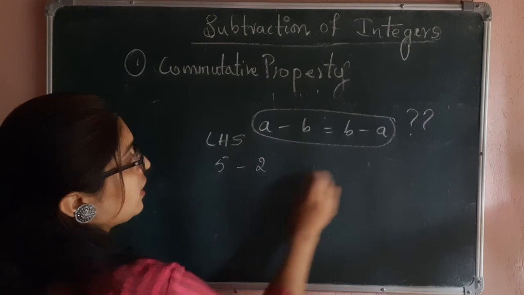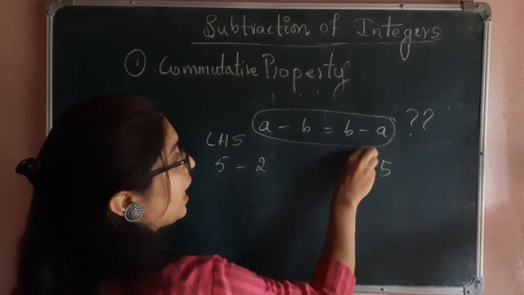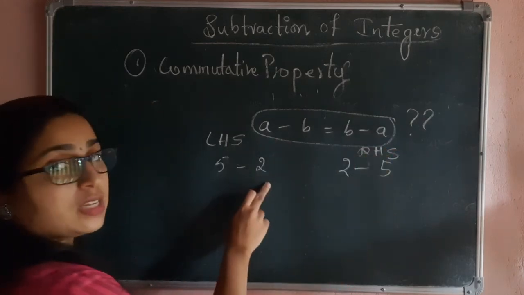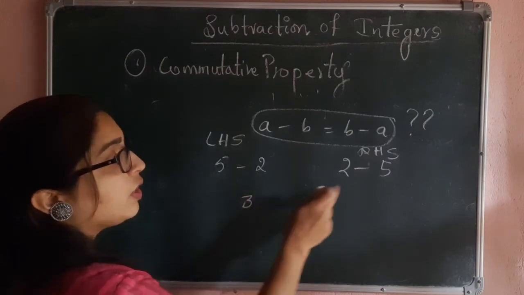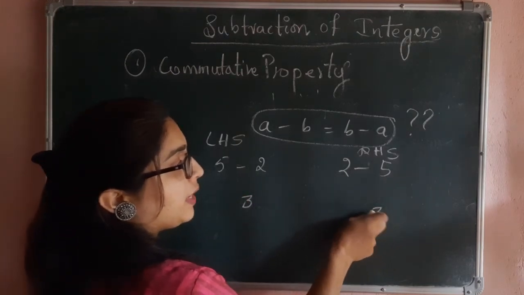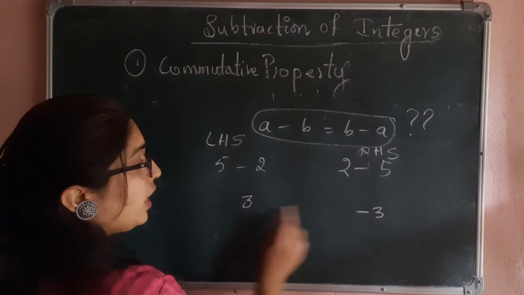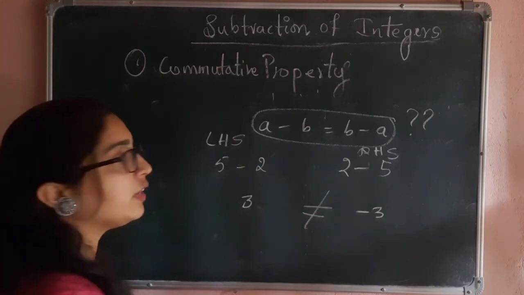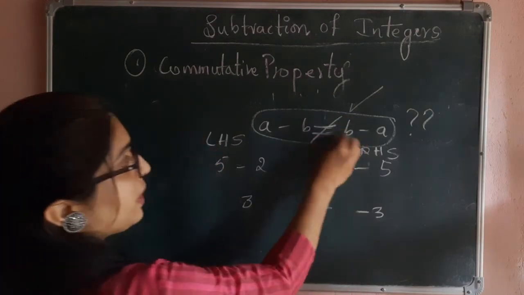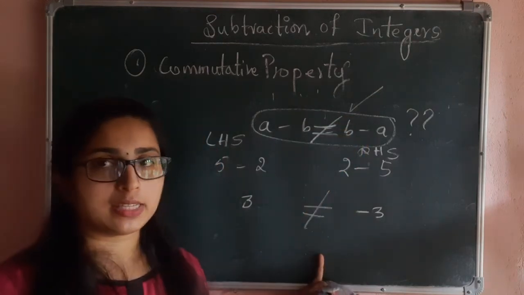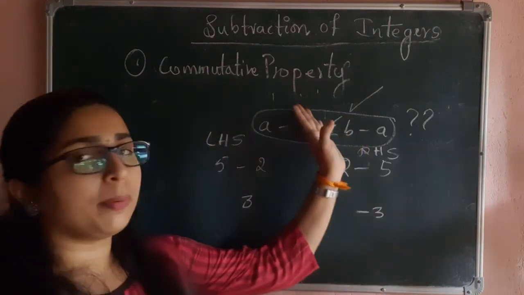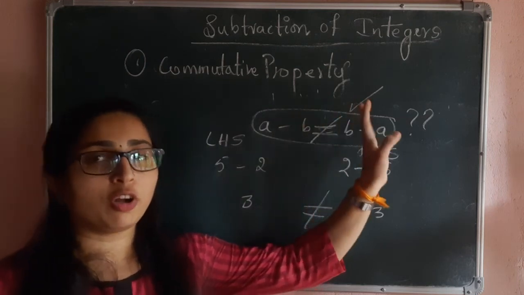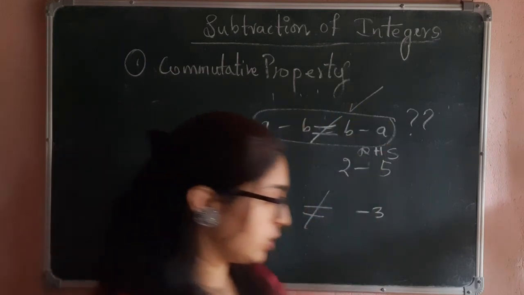I am just changing this, 2 minus 5, this is RHS. So 5 minus 2, you know that is 3. 2 minus 5 is also 3, but it is minus 3. So 3 is not equal to minus 3. So in the first example only we can tell that A minus B is not equal to B minus A. So commutative property does not hold good for the subtraction of integers.